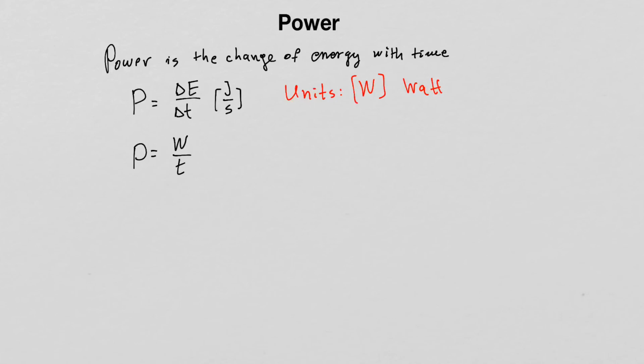Because imagine a person is lifting, let's say, 500 kilograms of bricks from ground level to 1.5 meters above ground. So in the process, they are applying force to lift the bricks, and therefore that means that they are doing work. Now, we don't know how long it took that person to move those bricks from ground level to above ground.